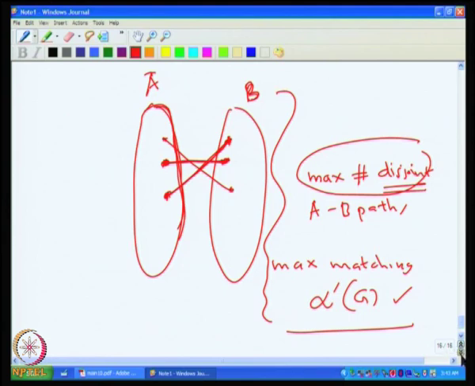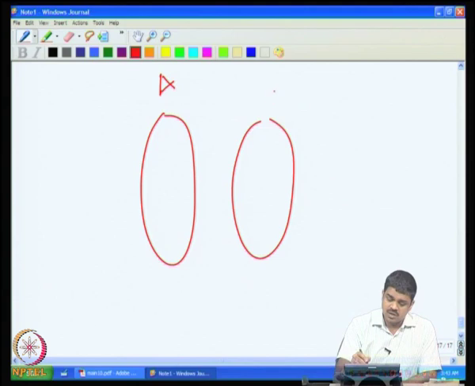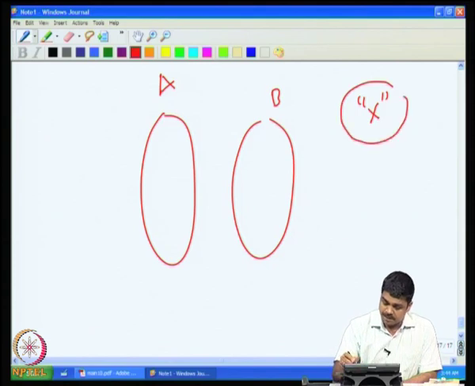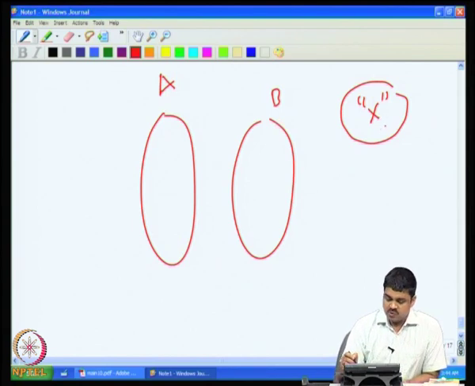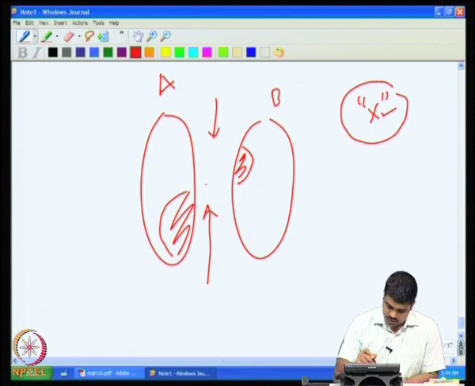Now again, for this bipartite graph case, with this A and B, you can ask what will be the minimum cardinality of X, any separator of A and B, according to the definition. The separator should be such that once you remove the vertices of the separator, we will not get even one edge across. Why?